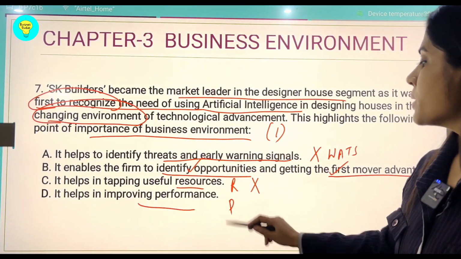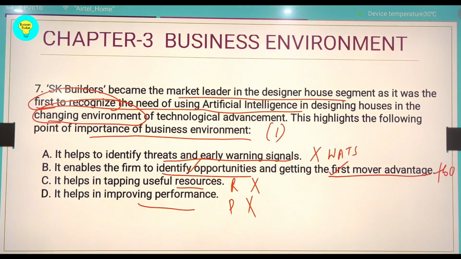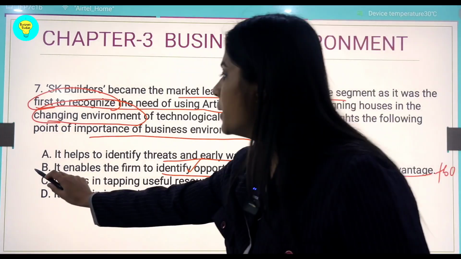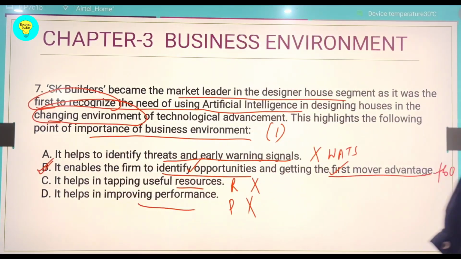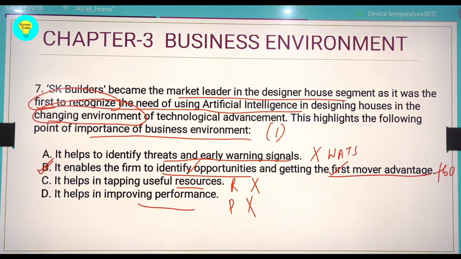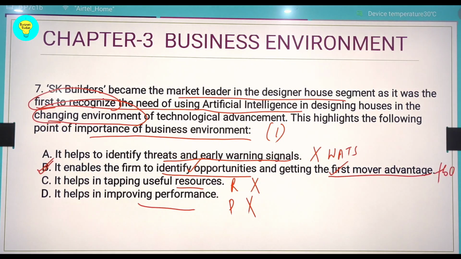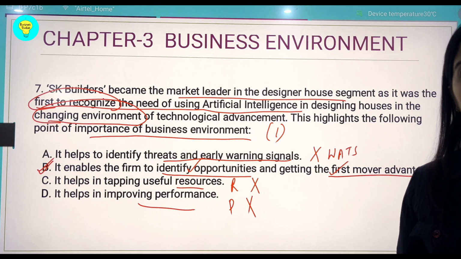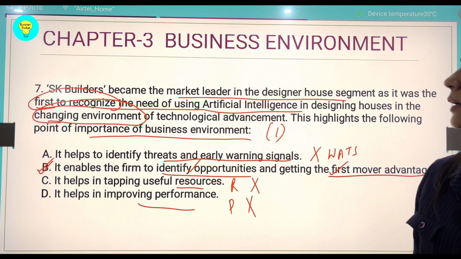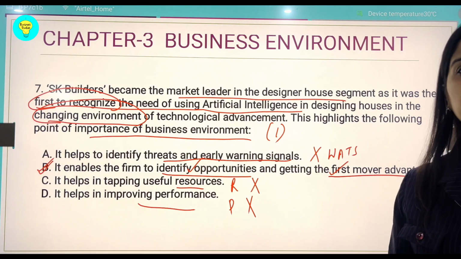The question also does not comment upon improvement of the organization's performance, called SK Builders. So clearly the correct answer would be option B, where they have got the first in the market to recognize the need of using AI in the current scenario and keeping abreast with the technological advancements in the field.